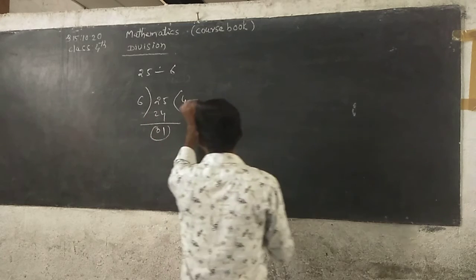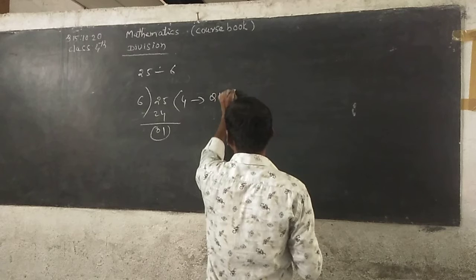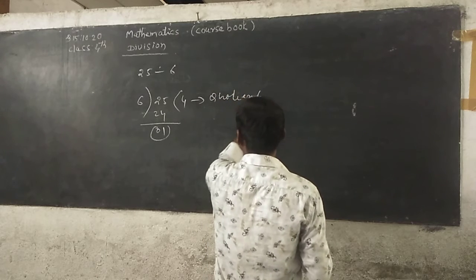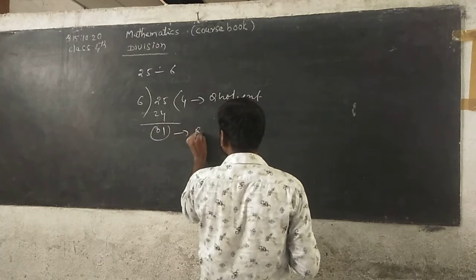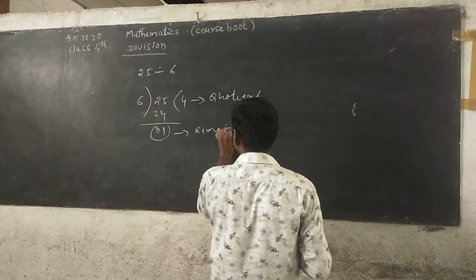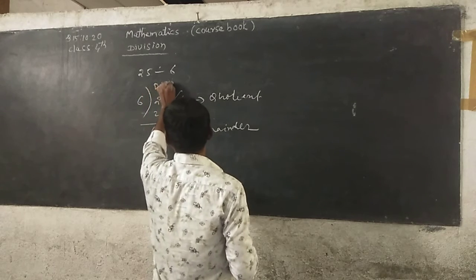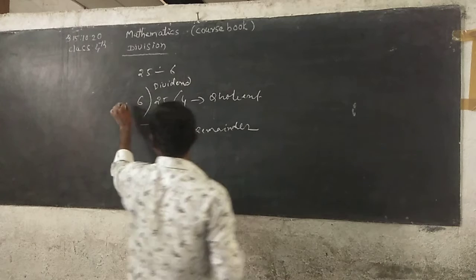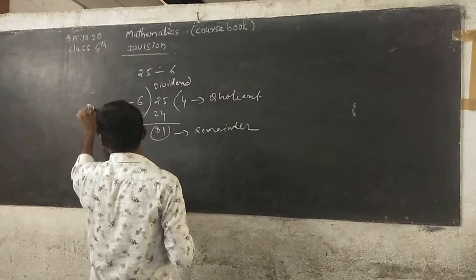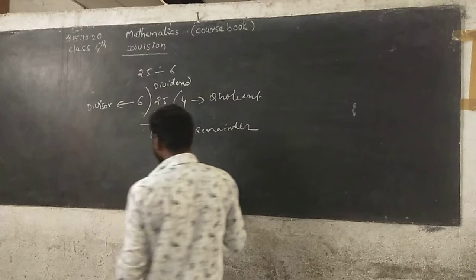See here. This is called the quotient. Now this is called the remainder. So this is the dividend, this is the divisor. See what is the principle?